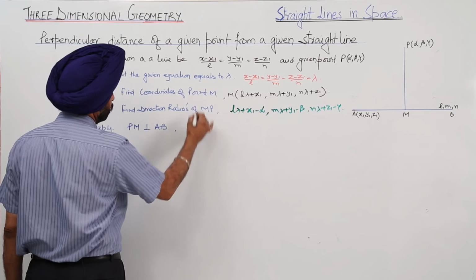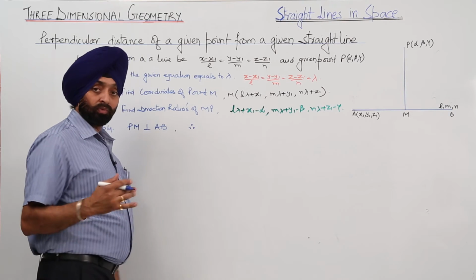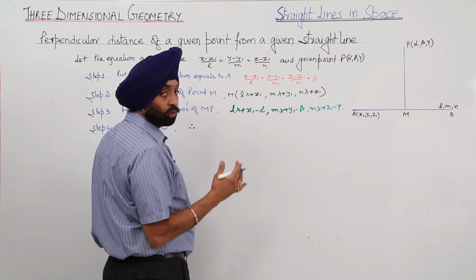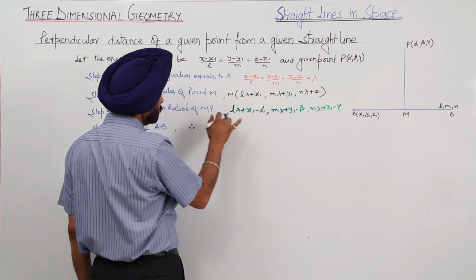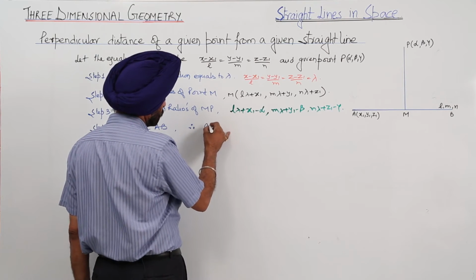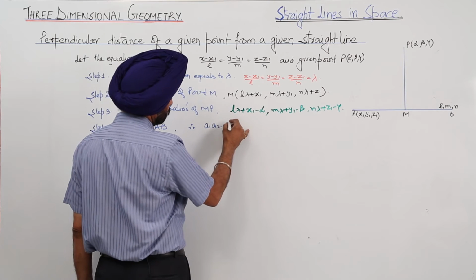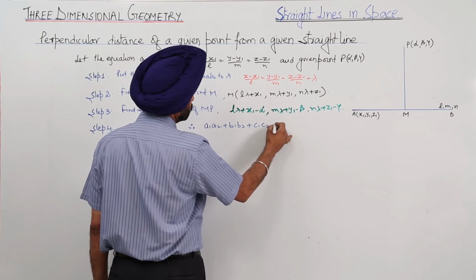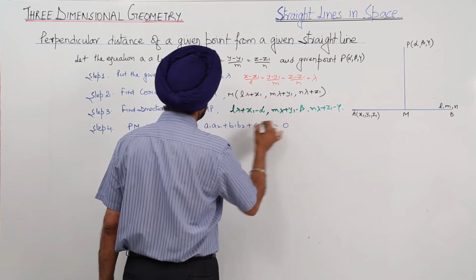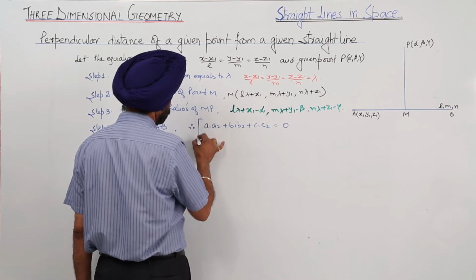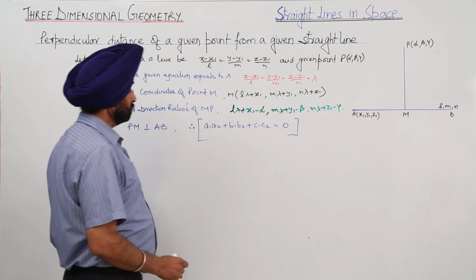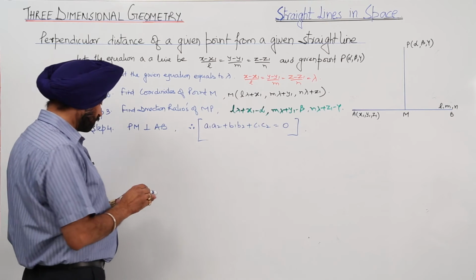Therefore, what can we use? With the help of direction ratios, A1 A2 plus B1 B2 plus C1 C2 is equal to 0. Now we are going to use this.